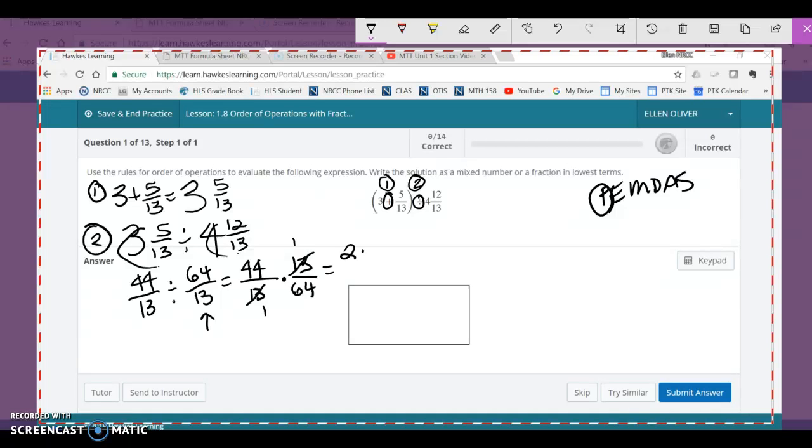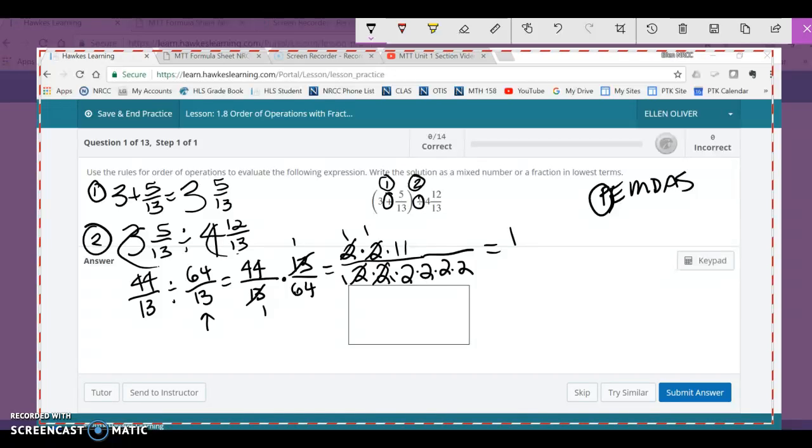44 is 2 times 22, which is 2 times 11. 64 is 2 times 32, which is 2 times 16, which is 2 times 8, which is 2 times 4, which is 2 times 2. Is that right? 1, 2, 3, 8 times 8. Yep. Okay. So 2 pairs of 2's will cancel.